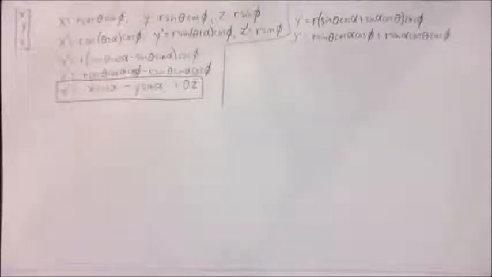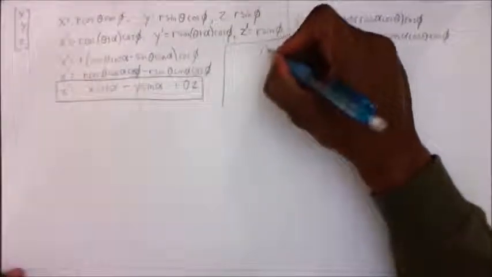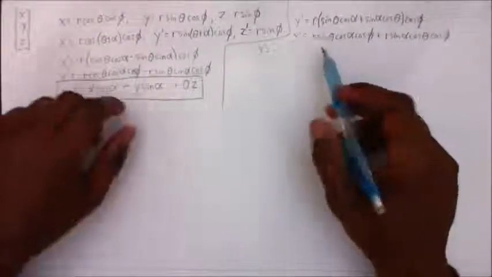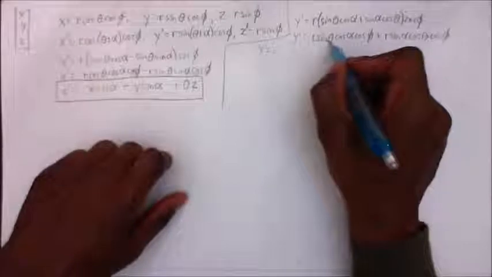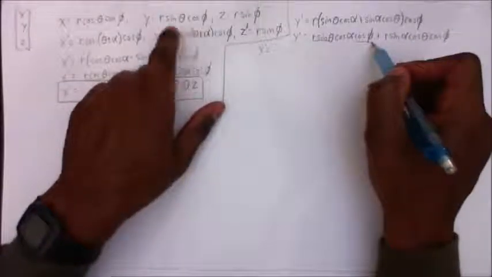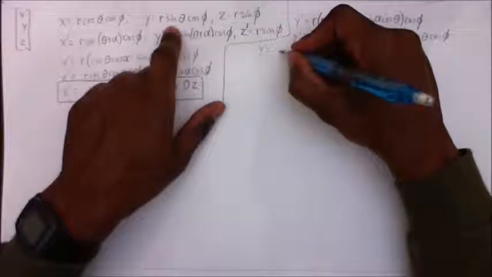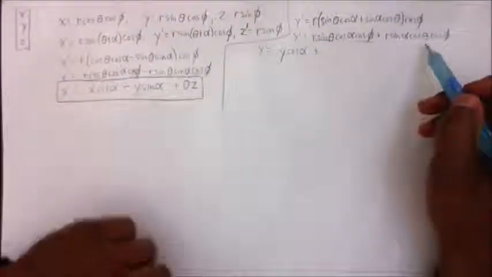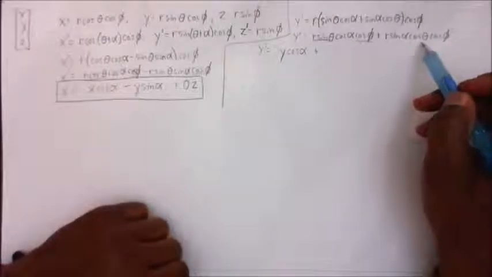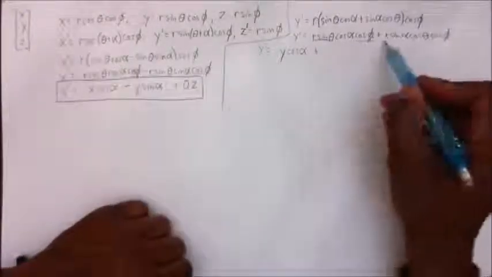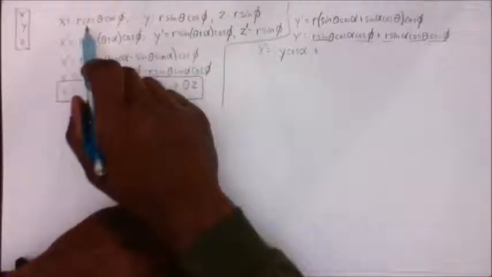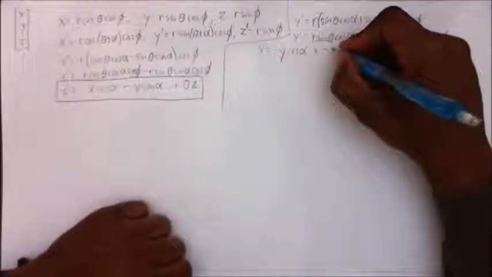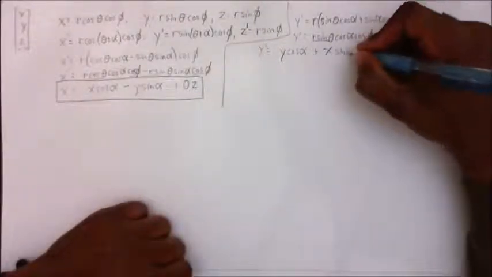So now we know that r sine theta cosine phi, that's y. So we can say y prime is equal to y cosine alpha plus, now r cosine theta cosine phi, that's x, so plus x sine alpha.